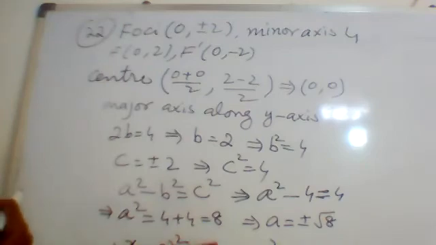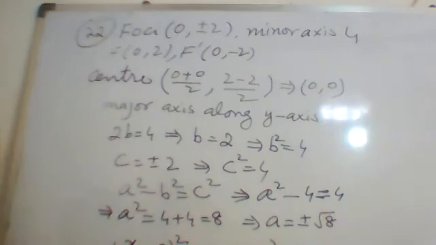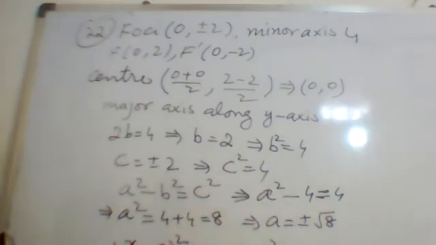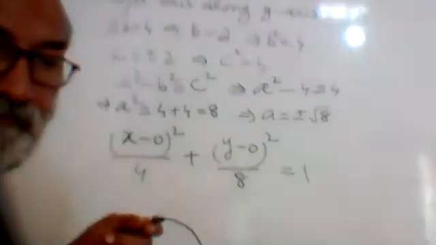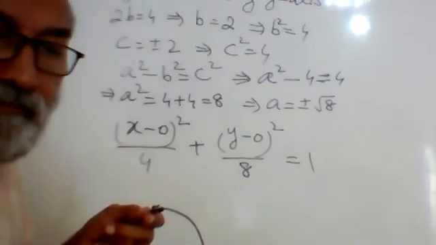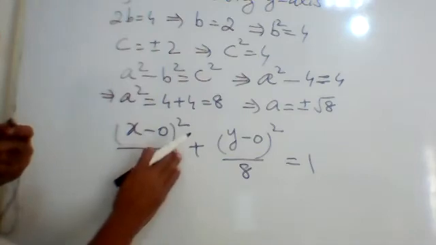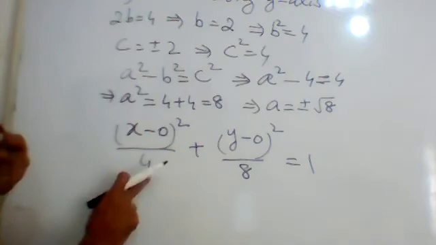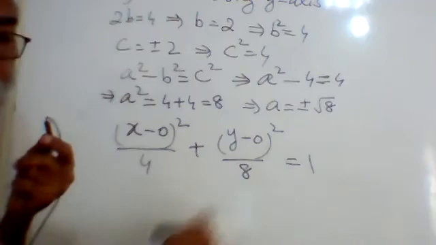So it will become 8. And then b square, which is 4, will be written under x square. So we write x minus 0 whole square upon blank, y minus 0 whole square upon blank, equal to 1.